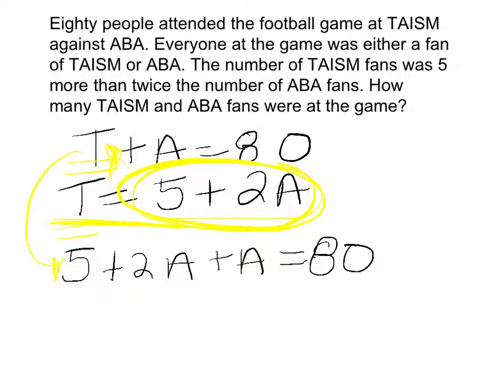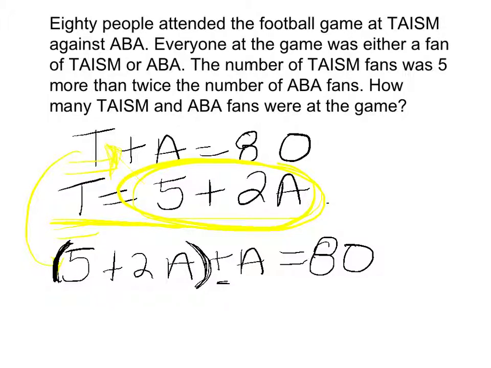Now a lot of times you will want to put parentheses around what you substitute. In this particular case, since we're using addition, it's not going to have any effect on our final result. But oftentimes if you have multiplication or subtraction, then that's really going to make a difference. So get in the habit of putting parentheses around what you're going to substitute.